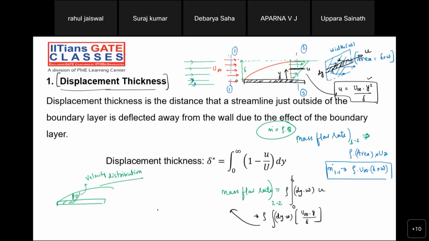So the mass flow rate at section 2 is rho into width by delta into u infinity into y squared by 2. So the mass flow rate at section 2 will be rho into u infinity into delta into w by 2. Can we write like that?